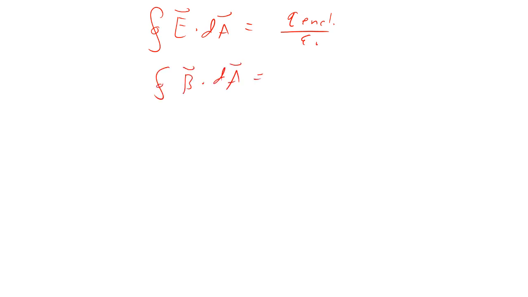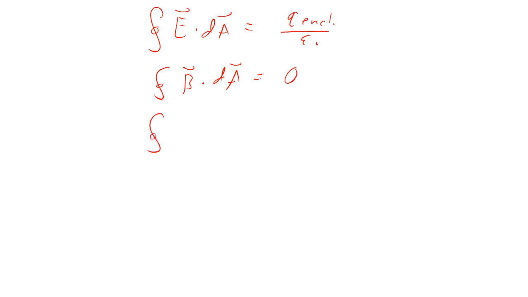We have that the integral of E dot dA equals enclosed charge over epsilon naught. Integral B dot dA equals 0.